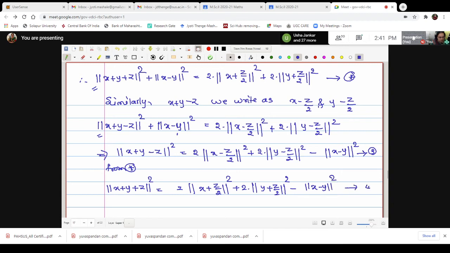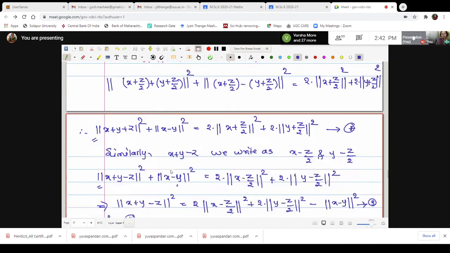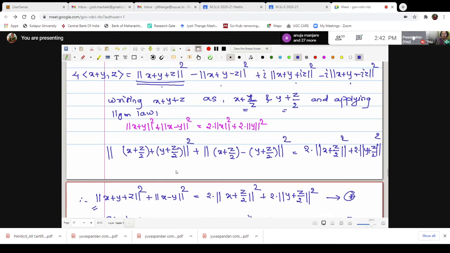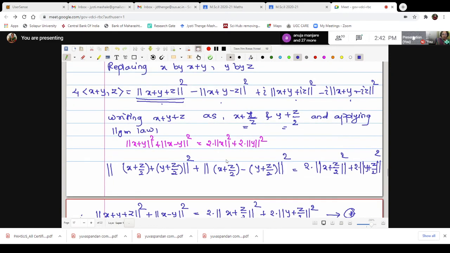I will call this equation number 4. Okay, the two values we have obtained are norm square of x plus y plus z and norm square of x plus y minus z. And if we look at this equation carefully, I think I have not given any numbering to this. I think it is better to give 3 to this.